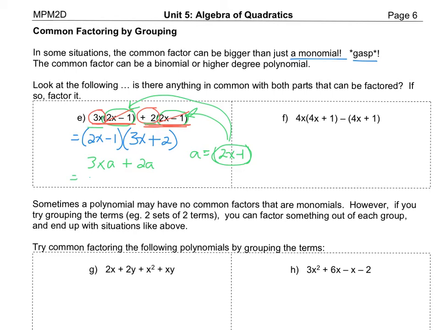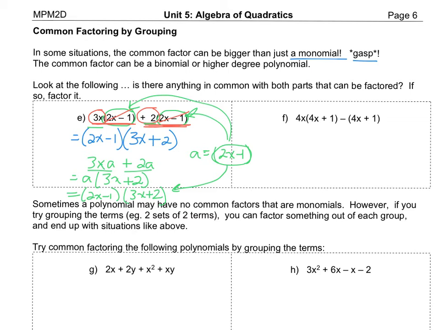The a is the common, and when I divide both of my terms by a, I'm left with 3x and a plus 2. But I don't really have a. What I have instead, I'm going to take that a and put it back in here. Instead of the a, I have 2x minus 1 times the 3x plus 2. So hopefully that makes sense there.